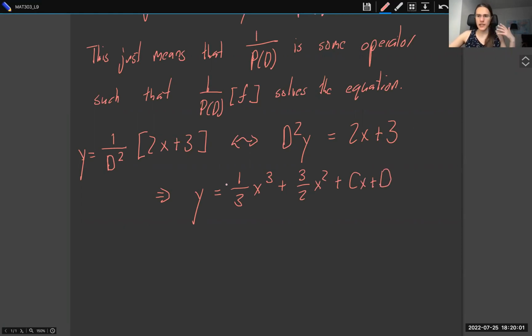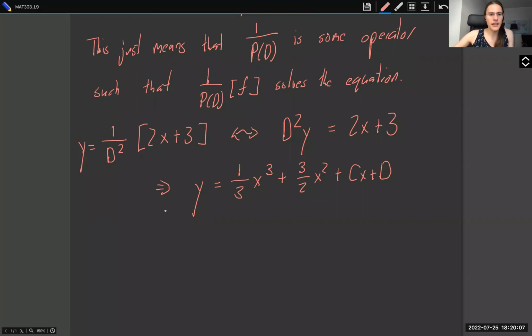Now we want a particular operator that does something. So the solutions to the homogeneous equation, the second derivative of y equal to 0, are exactly this cx plus d.